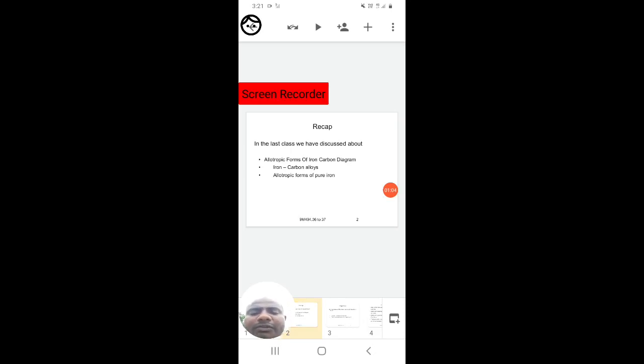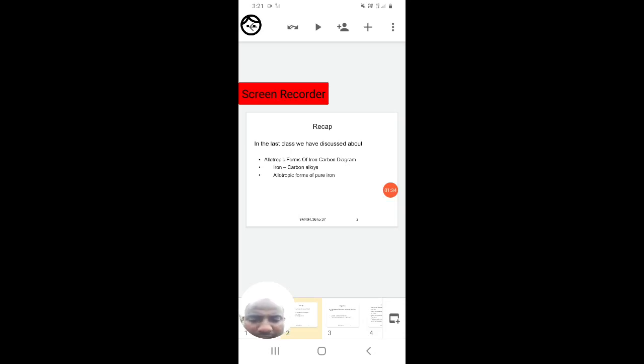That property is known as allotropic form or polymorphism of iron. So iron exhibits alpha iron, delta iron and gamma iron, different structures at different temperatures. That is a very important property of iron.